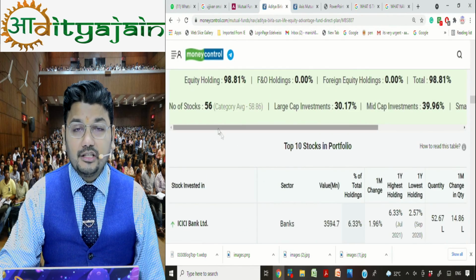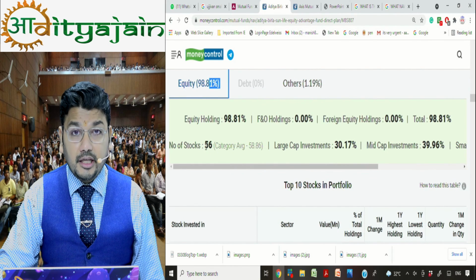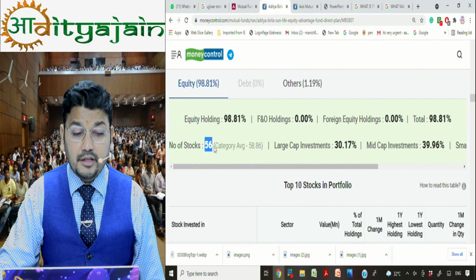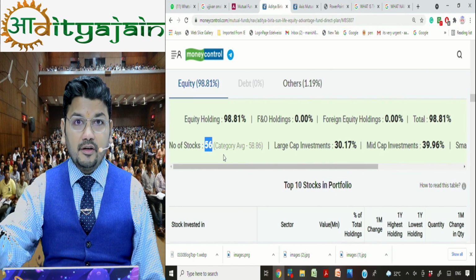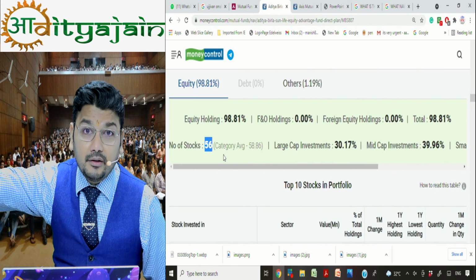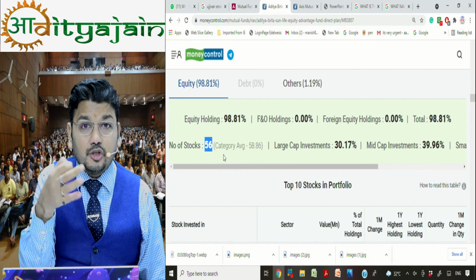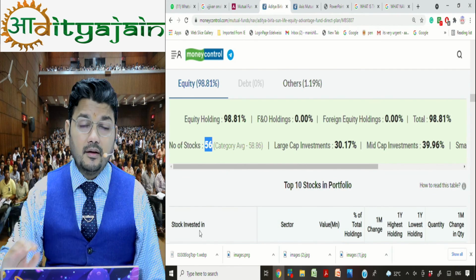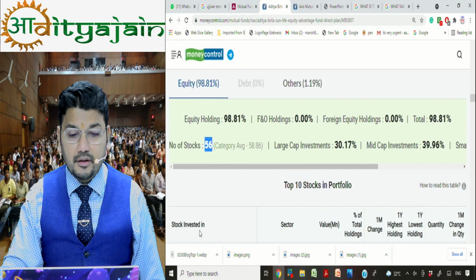And how many stocks is this scheme holding? This scheme is holding 56 stocks. It means this mutual fund has invested in 56 different companies, which was not possible for me to invest in. I just paid approximately 700, and this money is being invested in 56 stocks.